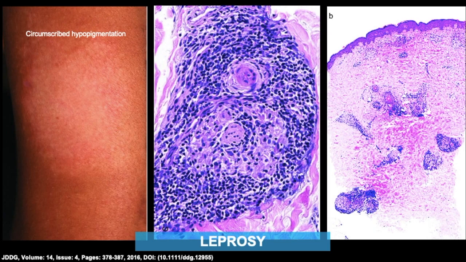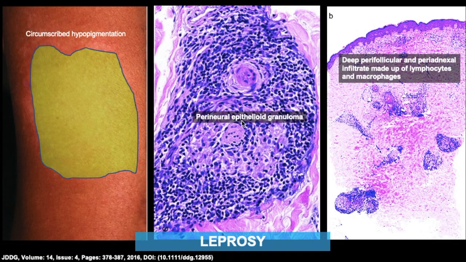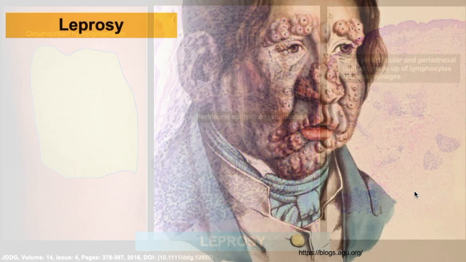Leprosy, clinically, will appear as a well circumscribed hypopigmented area, and this is unique because on histology, it looks like sarcoidosis, like naked granuloma. However, the unique feature of those granulomas is the nerve involvement. So you will see perineural epithelioid granuloma, and usually it affects the hair follicle or the adnexal structures with many lymphocytes and macrophages.